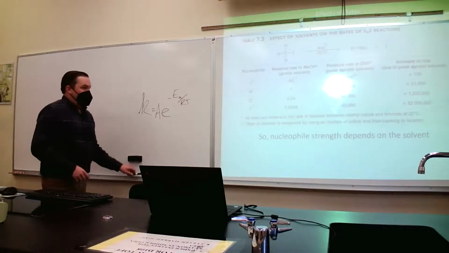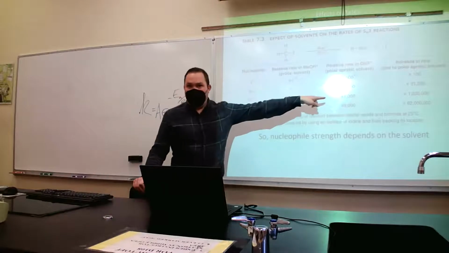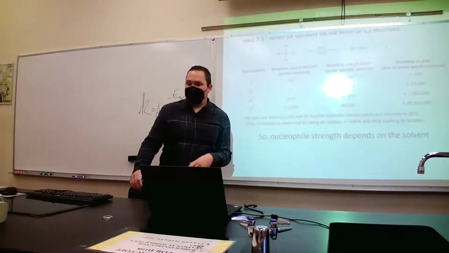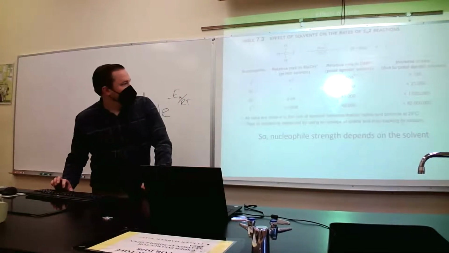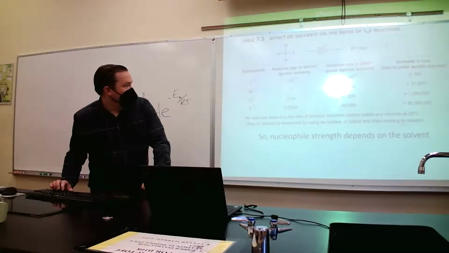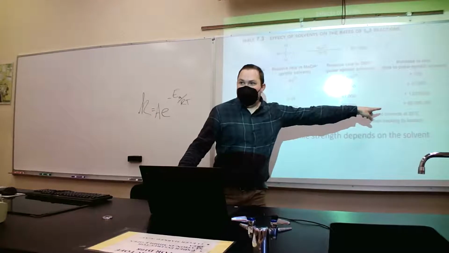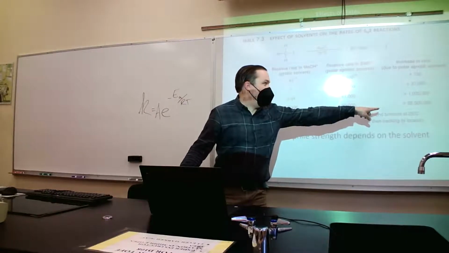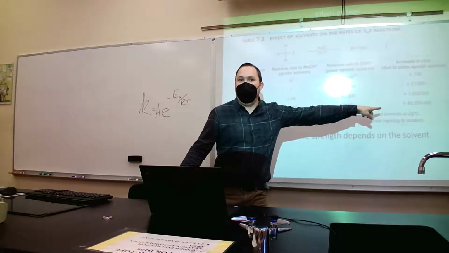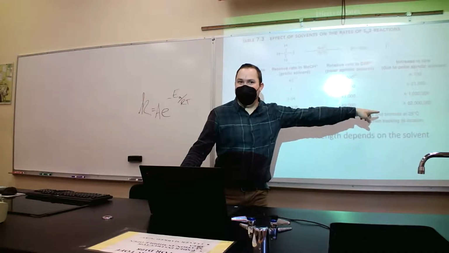It's really easy to do, which is why we see such drastic changes in the rates here. Switching solvents for fluorine means it goes 82 million times faster at the same temperature and at the same concentrations.